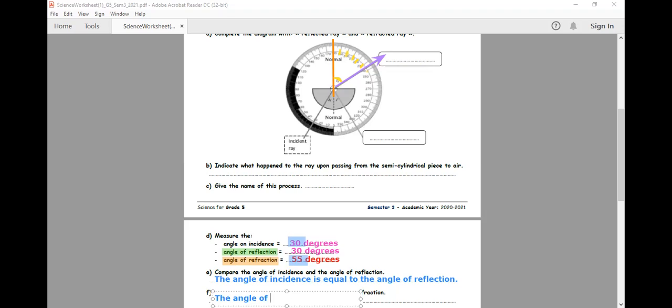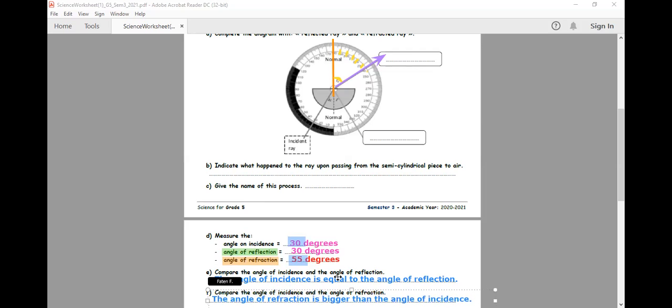The angle of refraction is bigger than the angle of incidence. So light did not continue in a straight way with the same angle. It bends, light bends.